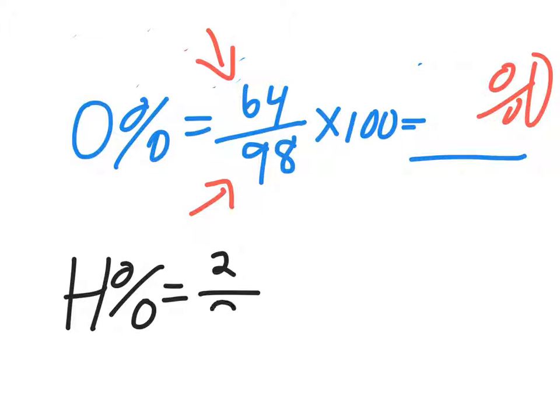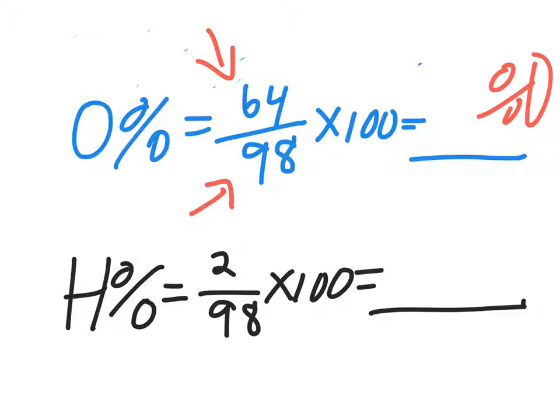Over the 98. Very good. And then what's my next step? You're going to do what? Times 100. And that's going to give me my percent of hydrogen. Very good. So do 2 divided by 98 equals times 100. What does that give you? 2.04?